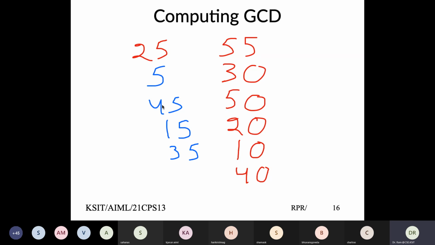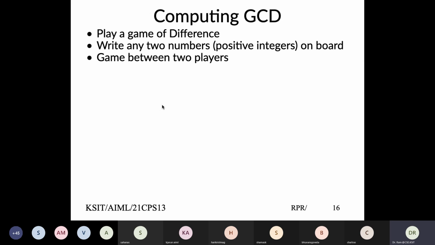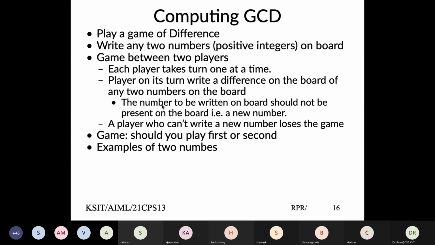So given two numbers, how do you decide whether to play first or second? Is the game clear? The odd and even. If the sum of the given numbers is odd, we will win.